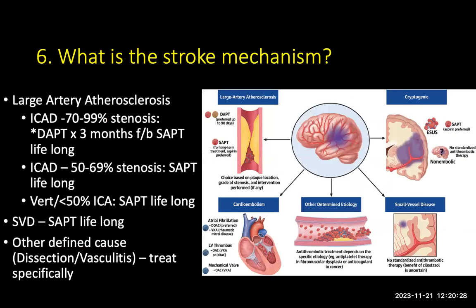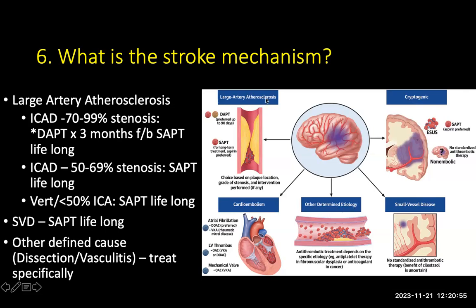Now, once you've done the SPC workup, the next thing that you're going to do is figure out what caused the stroke. So to date, the best way to look at what the stroke etiology is, is to go back to what we call the TOAST classification, which is large artery atherosclerosis, cardioembolism, small vessel disease, cryptogenic, or other determined etiology.